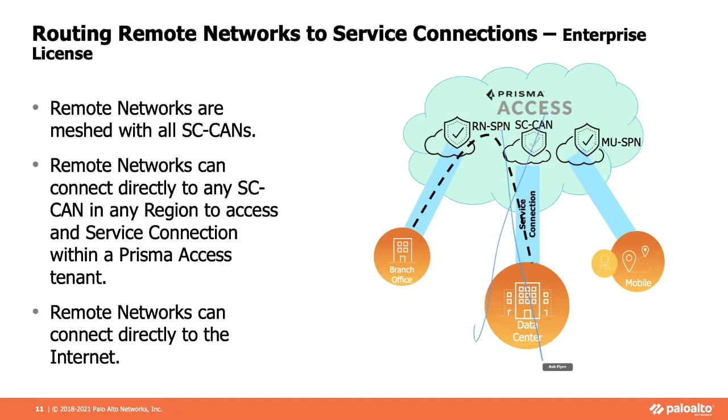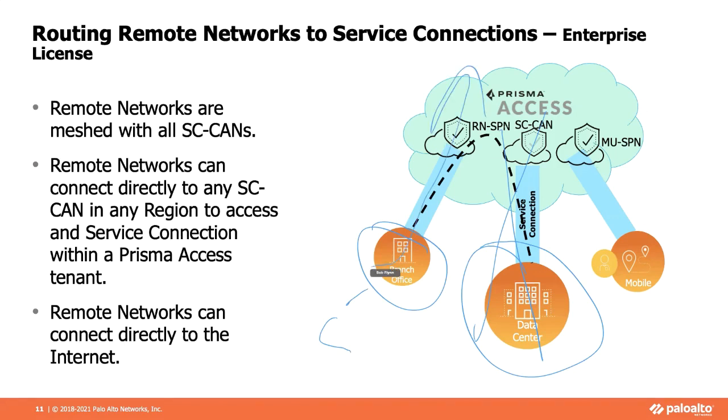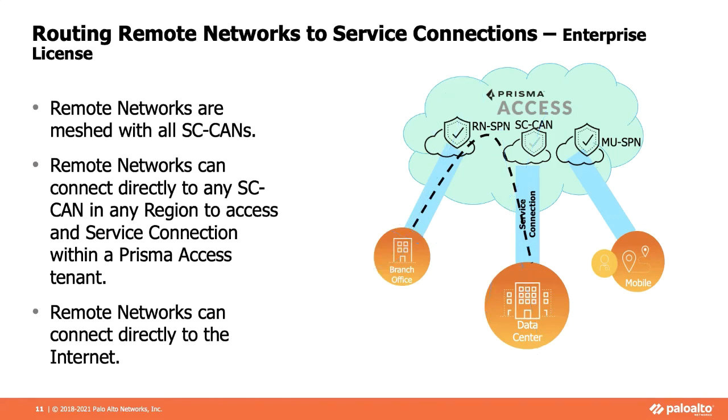And the only reason they'd be required again is if there's something back at a main data center that is required to be accessed by a user in a remote network, a branch office. Otherwise, those users would just go straight out to the internet. And maybe they have some sort of local authentication scheme where they don't have to reach out to an existing on-premise data center in order to authenticate.